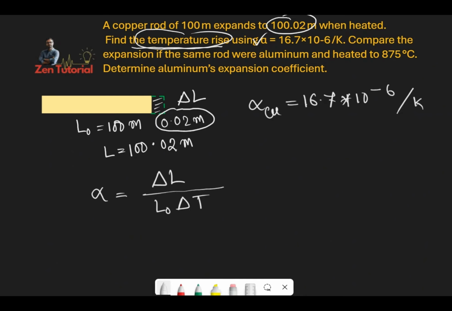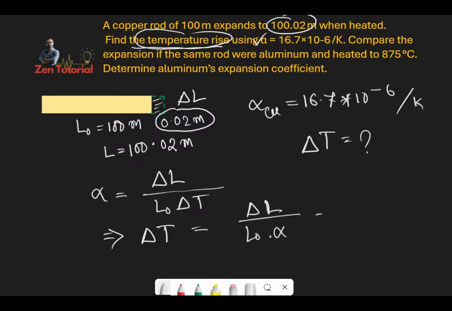We have to calculate the rise of temperature, right? So the rise of temperature, del of T, is equal to what? From the formula, del of T is equal to del of L over L naught times alpha.